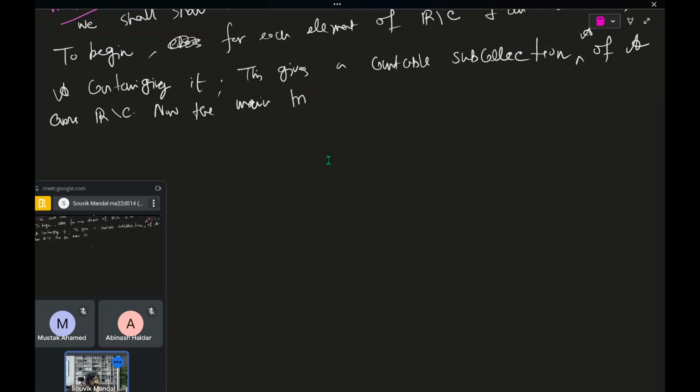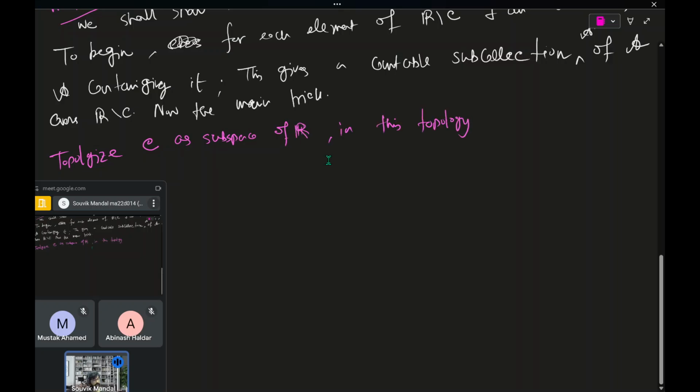What is that? The main trick is that we topologize C as a subspace of R, and in this topology C satisfies the second countability axiom.